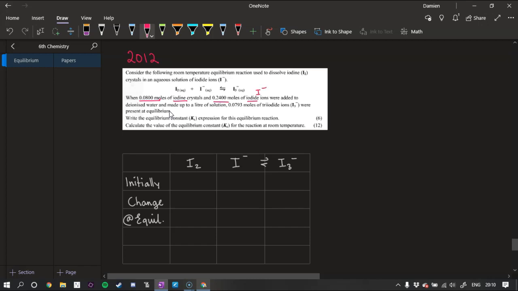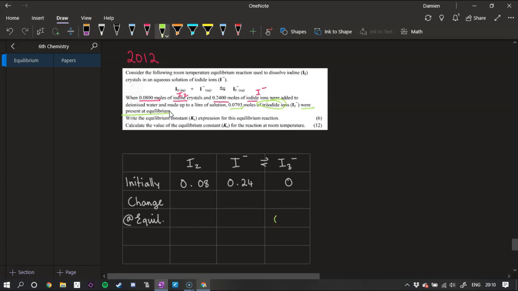So we can pop those in. So initially we have 0.08, and we've got 0.24, and of course we've got 0 there. The next bit then says 0.0793 were present at equilibrium of the triiodide ions.